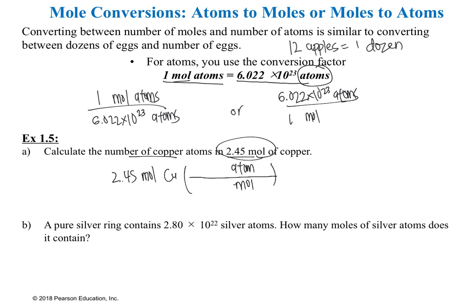For the sake of your life for a while, the number 1 is always going to go with moles, and your number is going to go with the other thing. So 6.02 times 10 to the 23rd atoms. If I take my moles, multiply by Avogadro's number, I get 1.48 times 10 to the 24 atoms of copper.